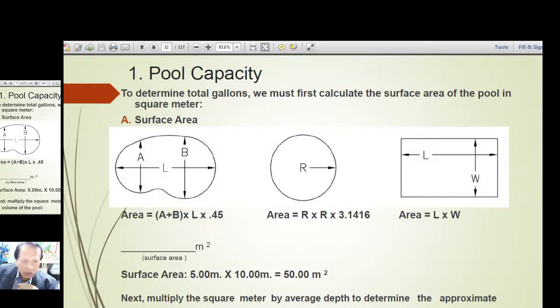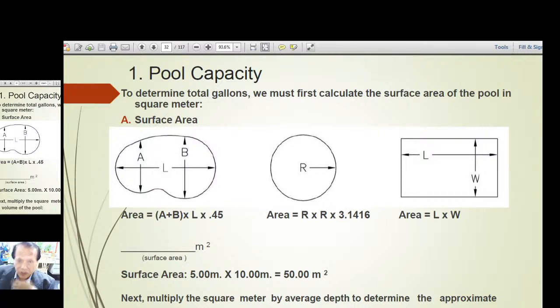So it could be an irregular form, just like the silhouette of a bin, and could be a circle or it could be a rectangle. So the area formula for this would be as indicated here: a plus b times the length times 0.45.